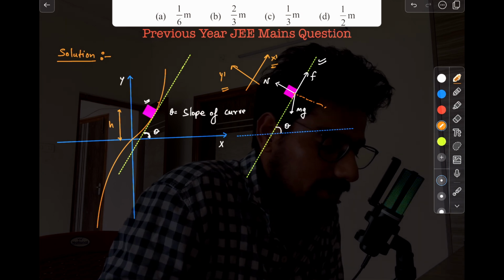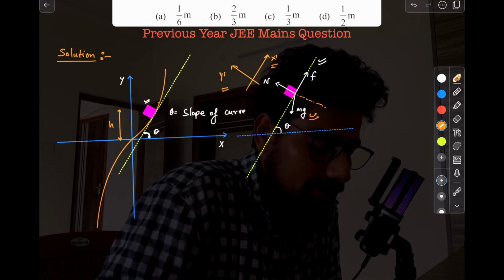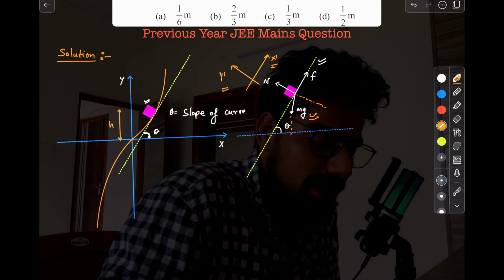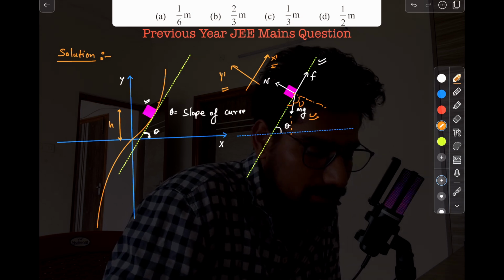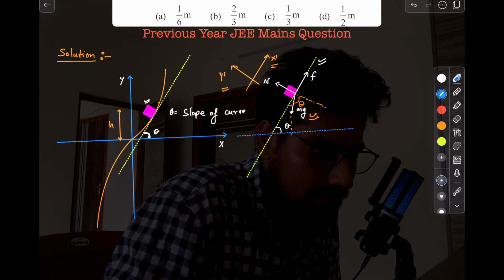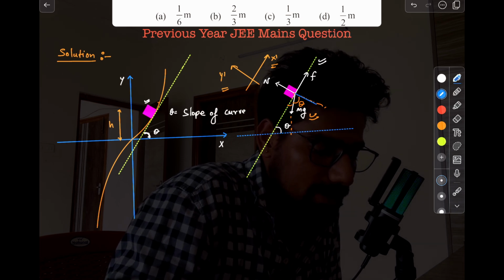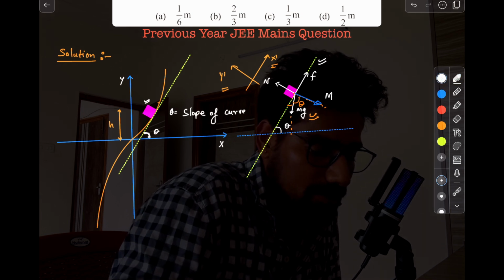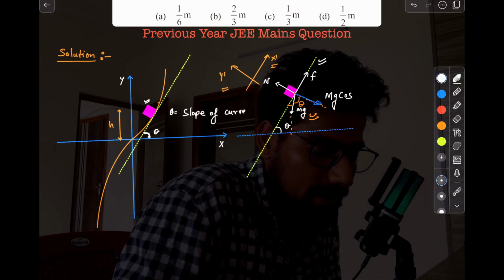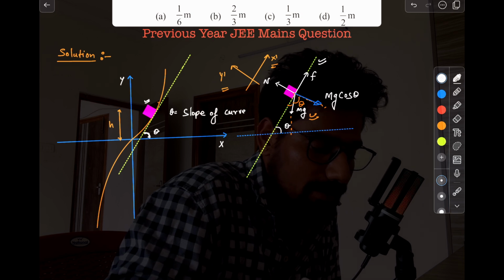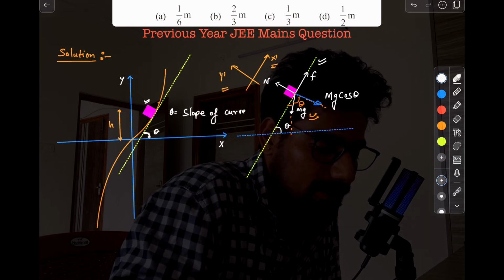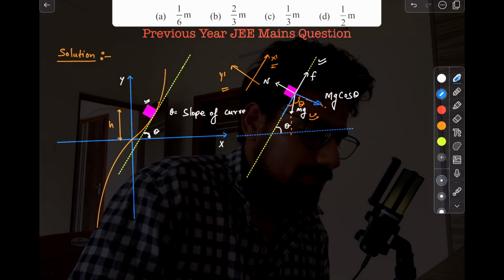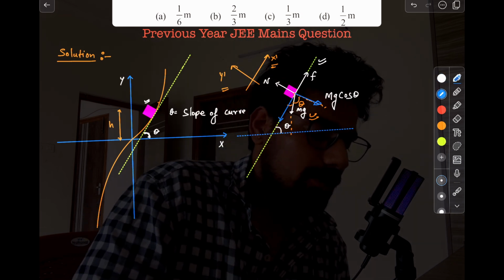To apply the equilibrium I need to break this mg into components. If I take this angle theta, then this angle becomes 90 minus theta, then this angle becomes theta, right? So mg's component in this direction is mg cos theta. We can break any vector into two components. The direction in which we have theta, in that direction we get the cos theta component, and perpendicular to that we get the sin theta component. So in this direction we get mg sin theta.